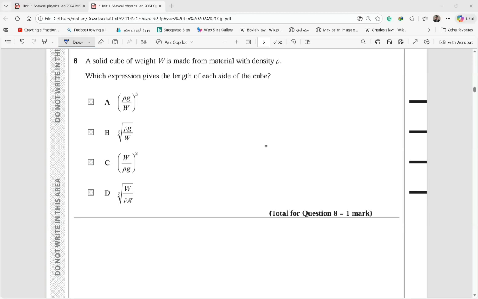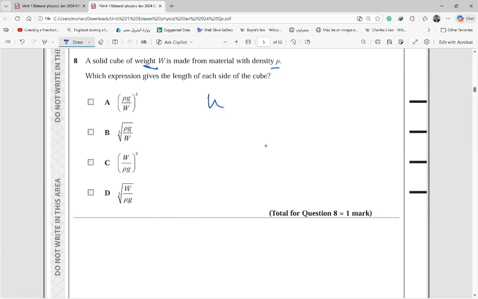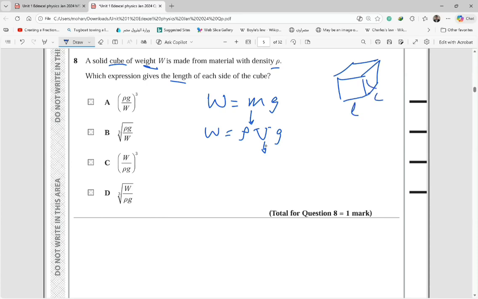For this one, this is the easiest one. They said here the weight is W, and the density is rho. You know that weight equals mg, and m equals rho times v. They said here the length, and you know that it's a cube. The volume of the cube equals length times length times length, so the volume equals length cubed.